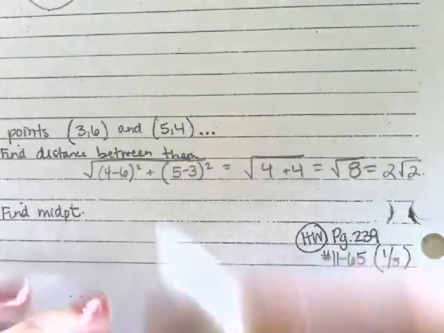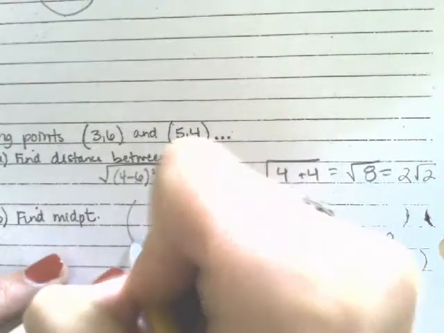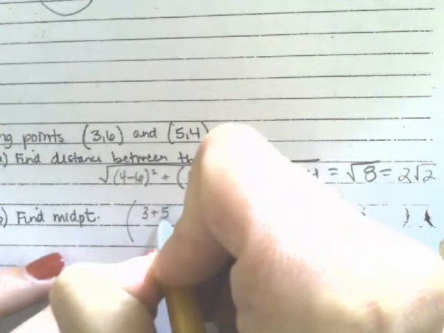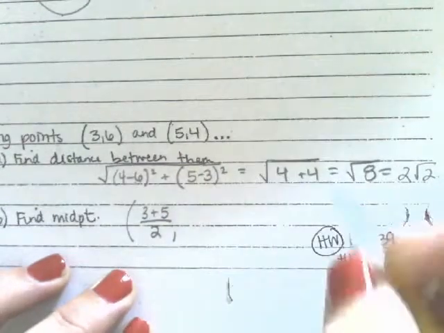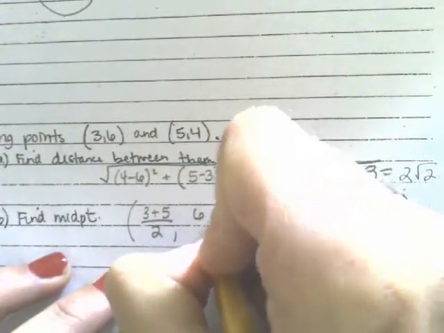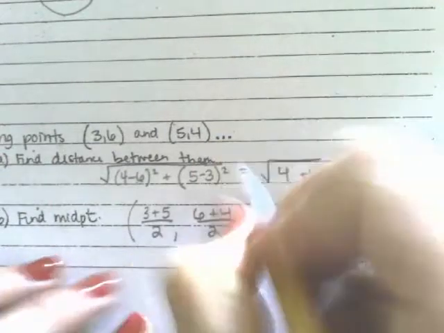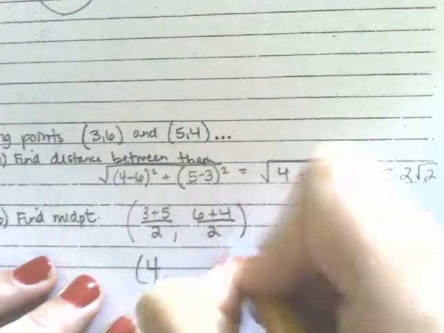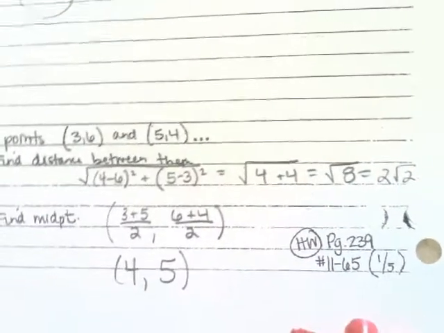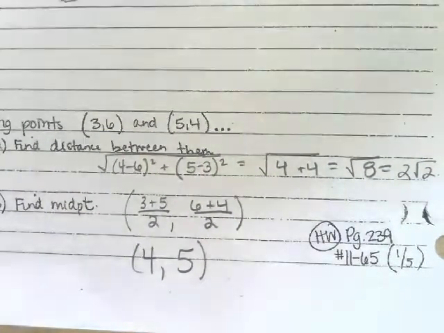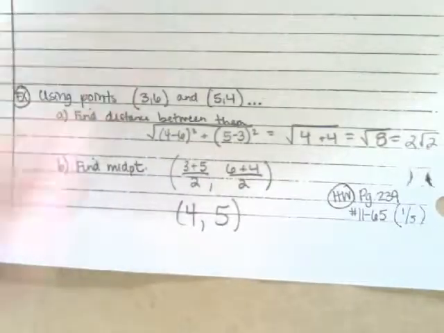And your midpoint formula, you're just x1 plus x2 divided by 2. And y1 plus y2 divided by 2 gives us 4, 5. Out of curiosity, where does the distance formula come from?